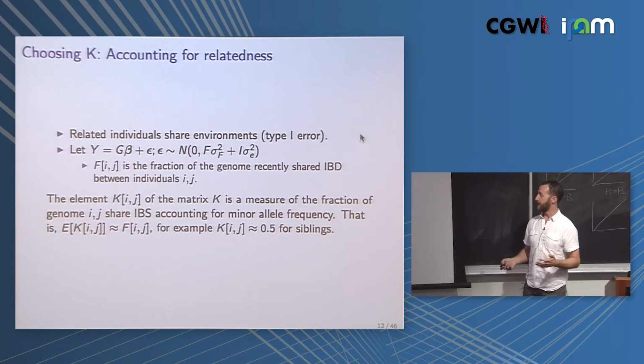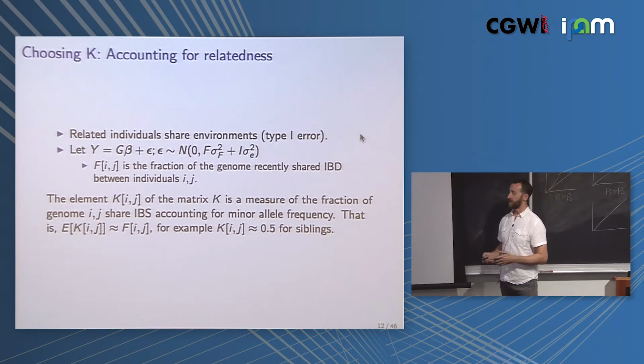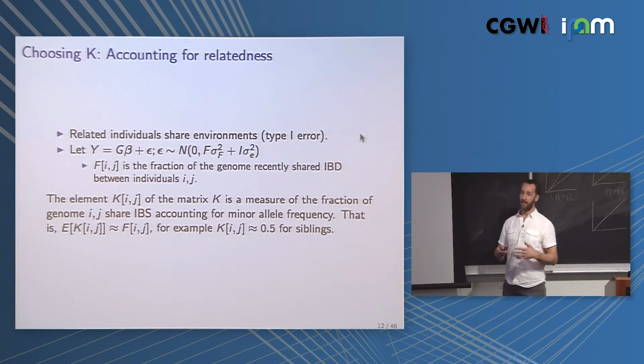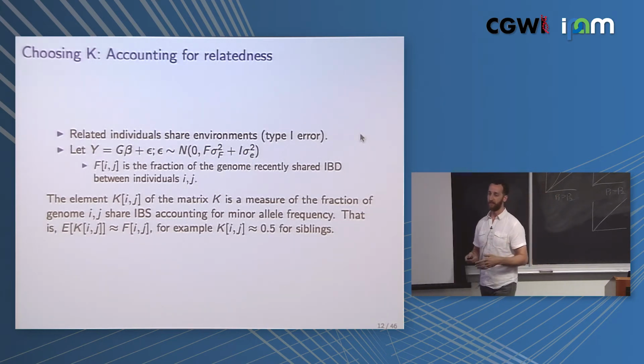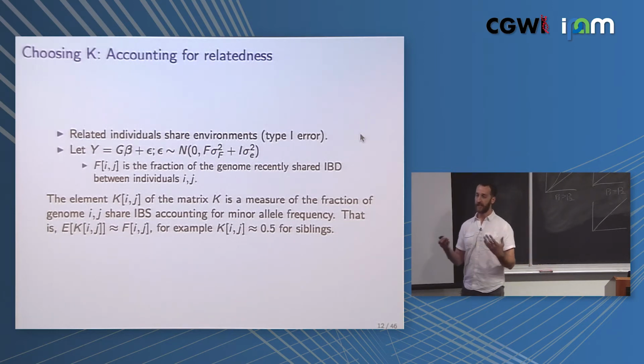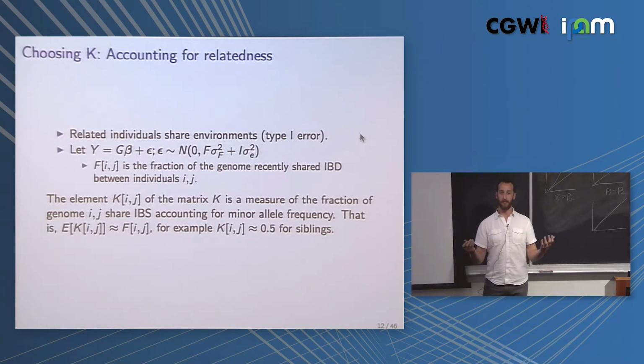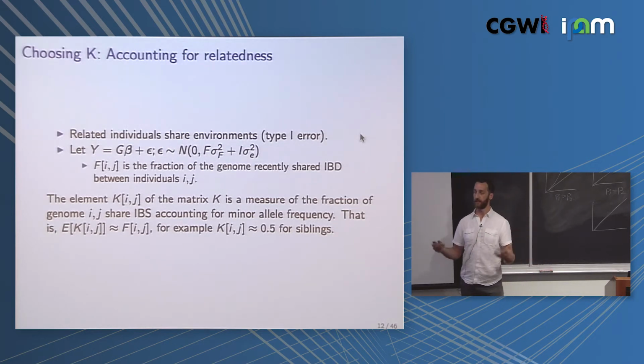Okay, so for relatedness, this k is also a nice choice. If we have families, and we think about kij inside of a family, the kij of two individuals is some measure of their genetic relatedness. For siblings, kij is going to be about 0.5, and for each of those different relatedness structures, k is going to correspond to their relatedness.